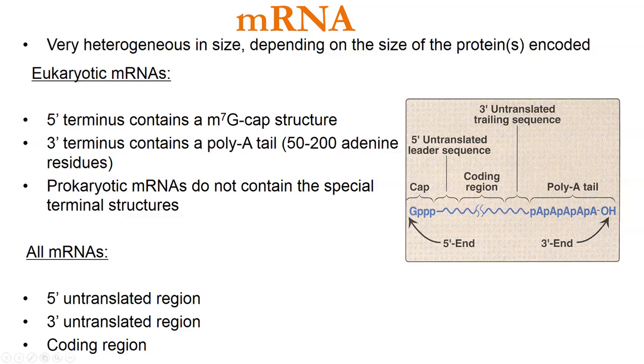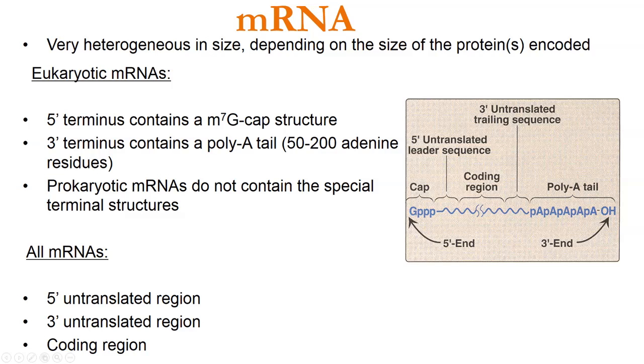Messenger RNA contains a region with the code that's going to be translated into a protein. So depending on how big that protein is, that changes the size of the messenger RNA. There's quite a variation in messenger RNAs, from maybe a few hundred nucleotides up into the 10,000 range, and possibly even bigger, depending on the size of the protein.